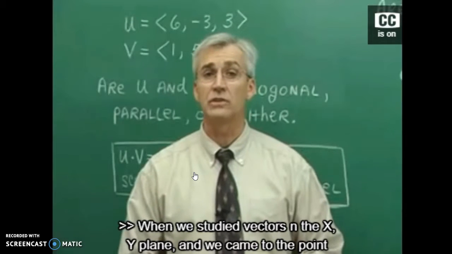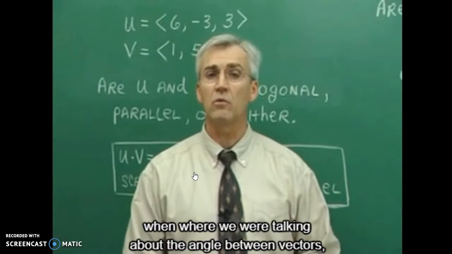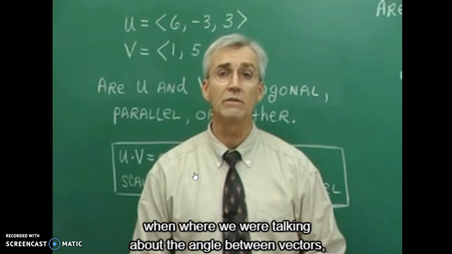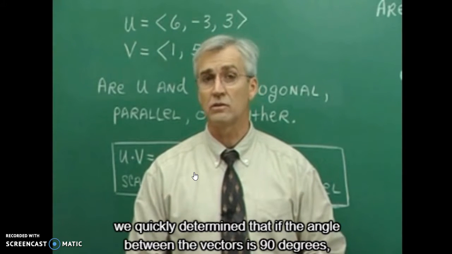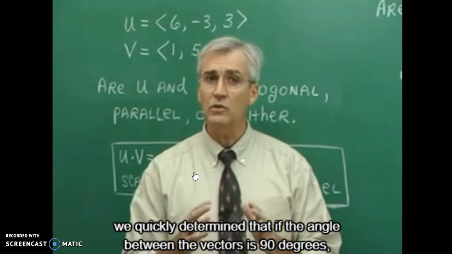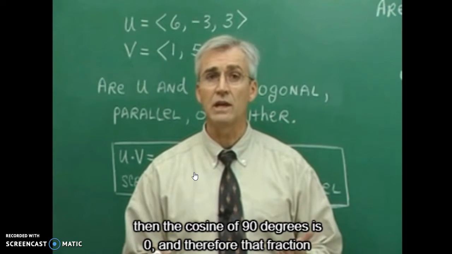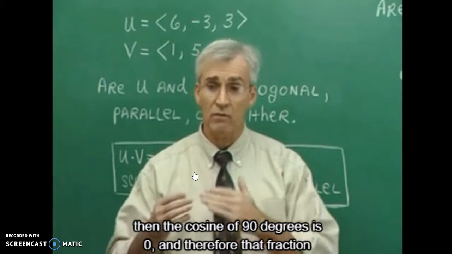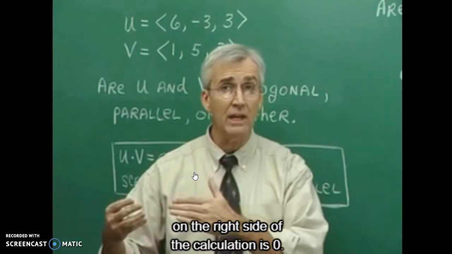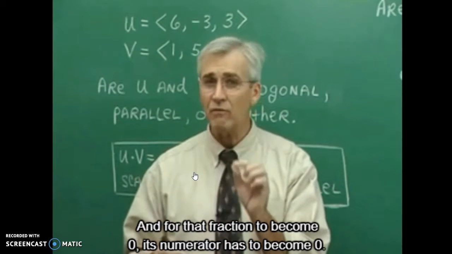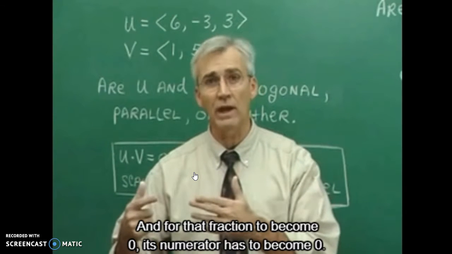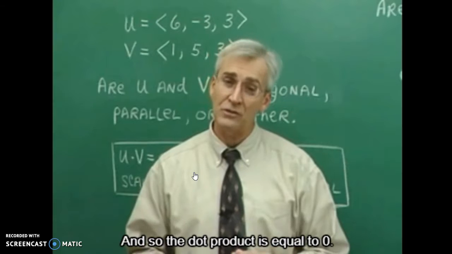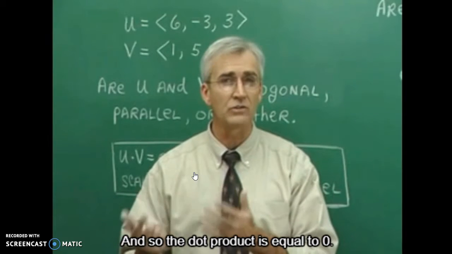When we studied vectors in the xy plane, and we came to the point where we were talking about the angle between vectors, we quickly determined that if the angle between the vectors is 90 degrees, then the cosine of 90 degrees is 0, and therefore that fraction on the right side of the calculation is 0. And for that fraction to become 0, its numerator has to become 0. And so the dot product is equal to 0.